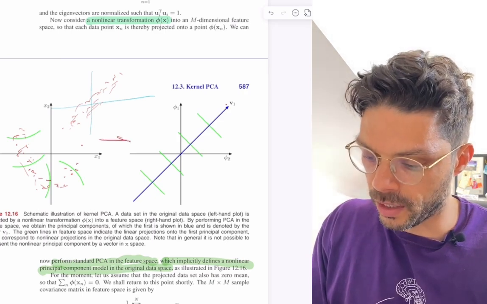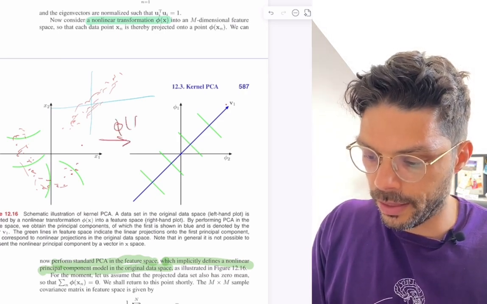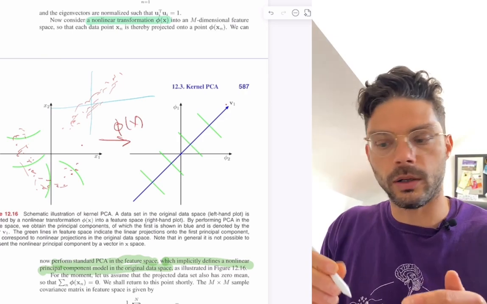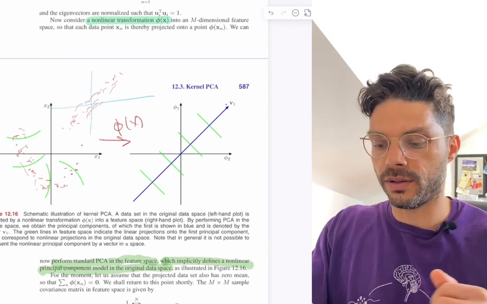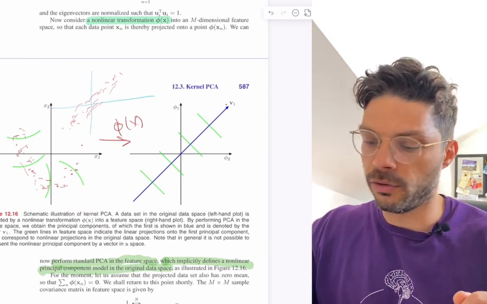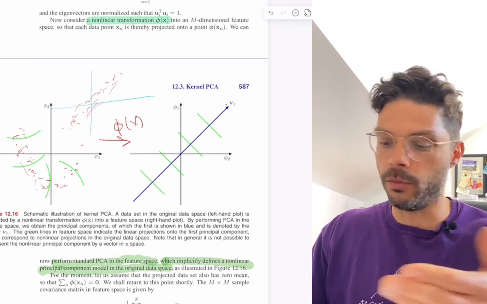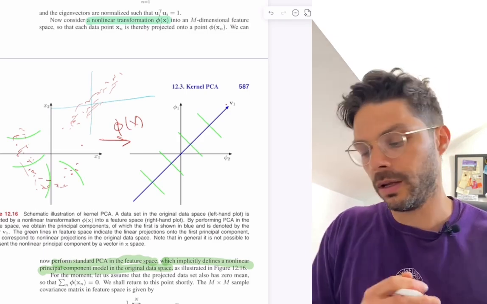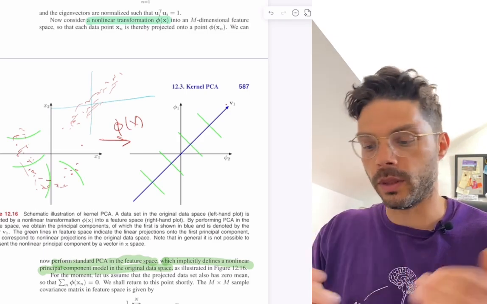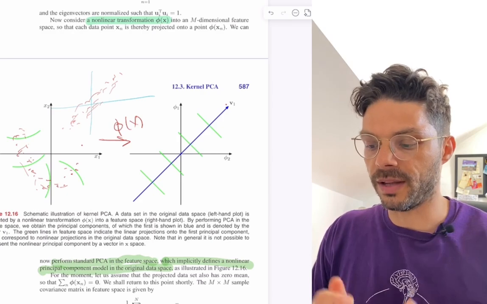What if there was some kind of transformation that would allow us to uncurl this data and get it into the setting that we want for PCA, and then we do PCA there, and then we can project back and figure out what the PCA projections are in our original space. And that's basically the idea here.